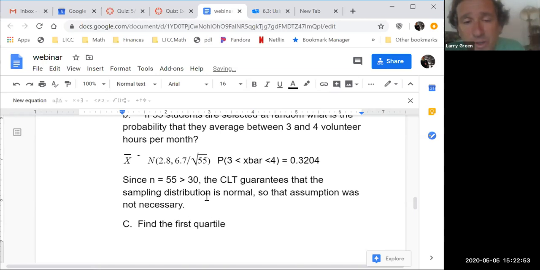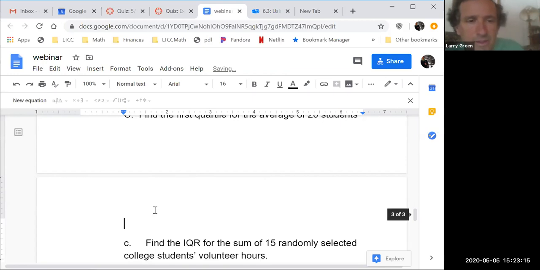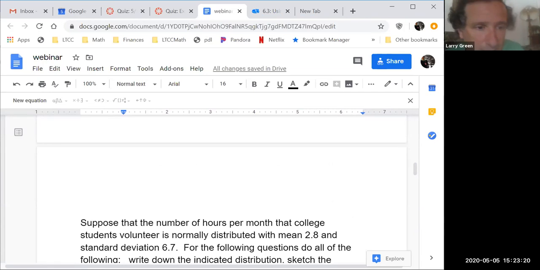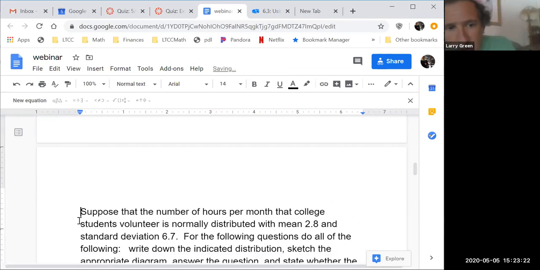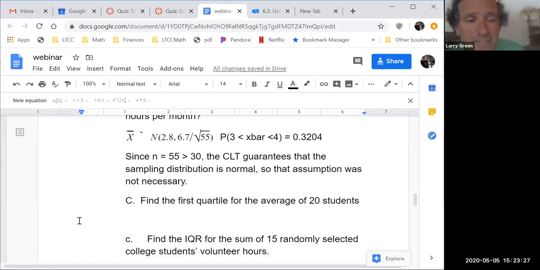How about find the first quartile for the average of 20 students? So I want to find the first quartile for the average of 20 students.